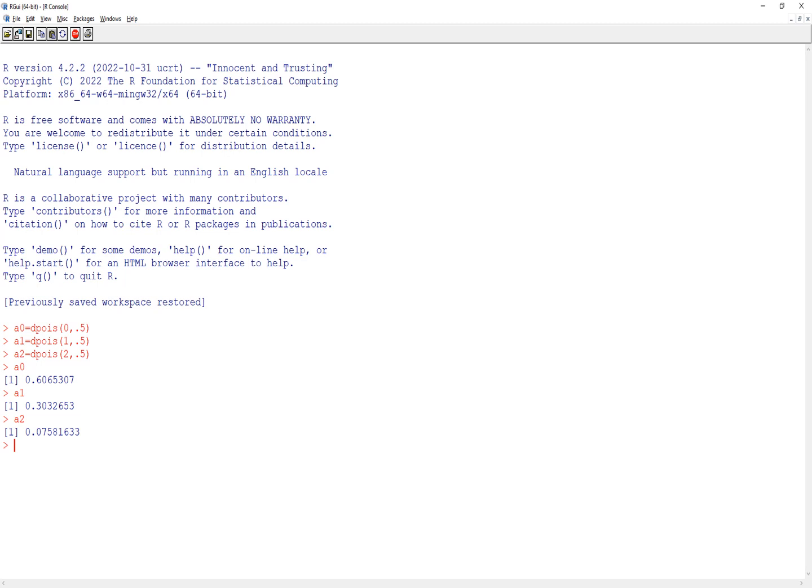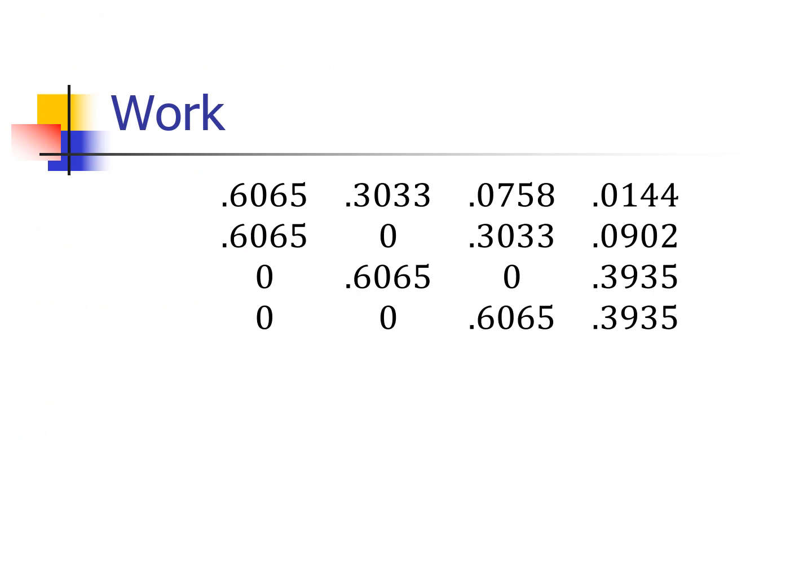So now I take these numbers, 60, 30, and 7. I go back to that transition probability where I had A0s and A1s and A2s, and I just fill them in with actual numbers. Here's what it should look like. So I'm going to take this matrix right here and show how we apply that formula.